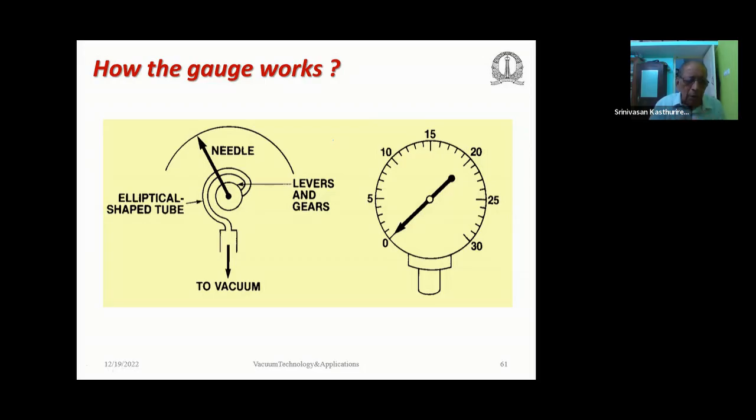This distortion is transmitted using levers and gears to a needle to indicate the vacuum level. Initially it will have 0 somewhere here and then keep decreasing, and as you go on improving the vacuum level, the needle keeps going downwards.